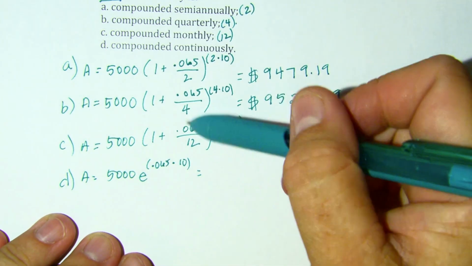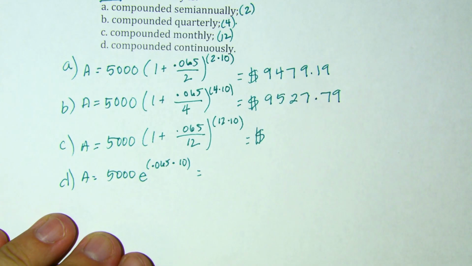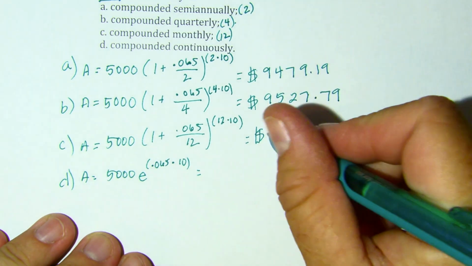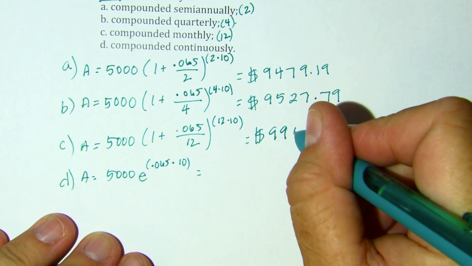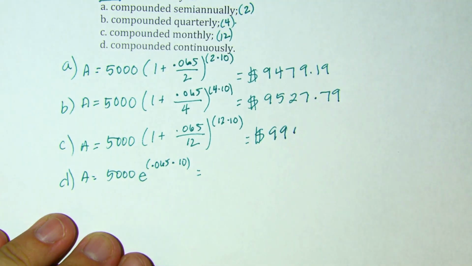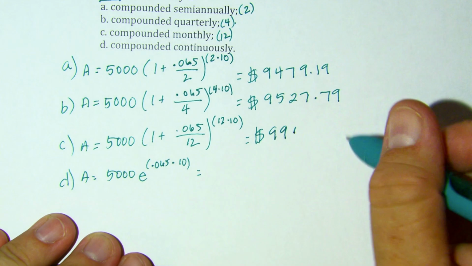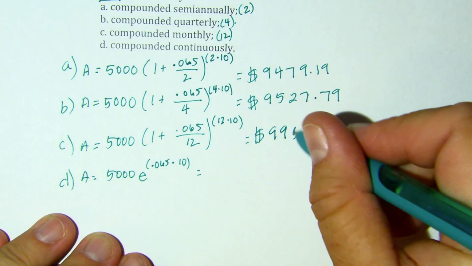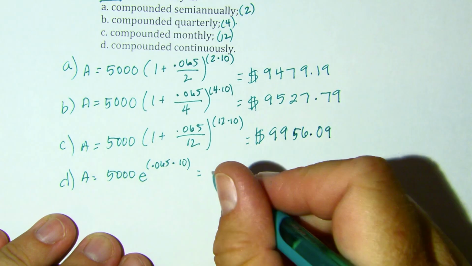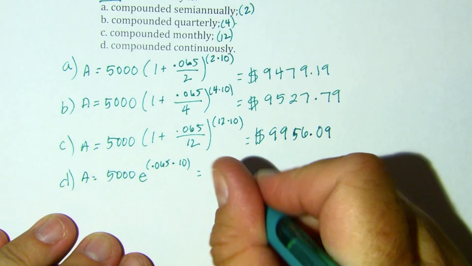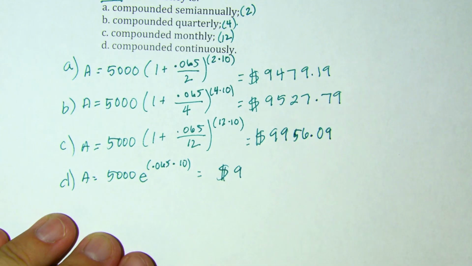As we would expect, the more times we compound our money, the more money we're going to earn. And then the third one, $956.09.